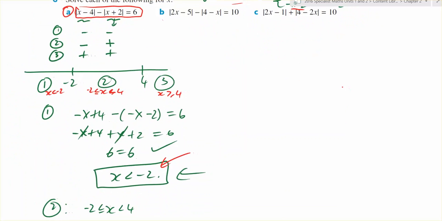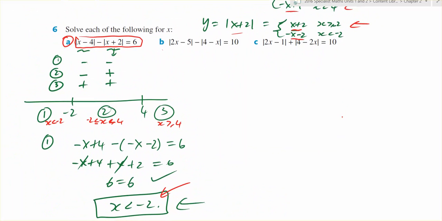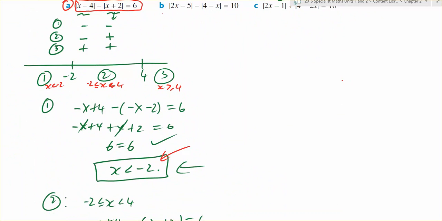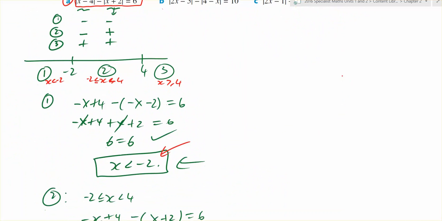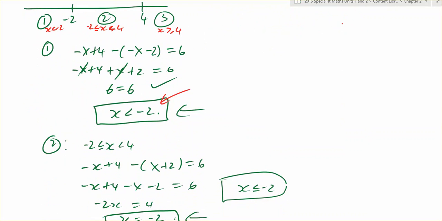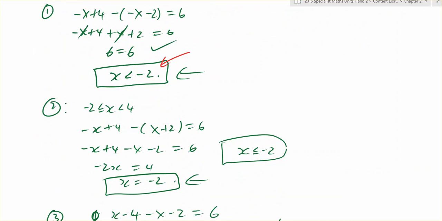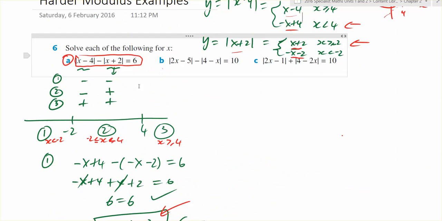So we substitute those in place of the modulus terms. The modulus of x minus 4 becomes minus x plus 4, since we're taking the negative version, so I multiply whatever's in the modulus by negative 1. For the other term, I just leave whatever's inside alone, so it's x plus 2. And obviously everything equals 6.